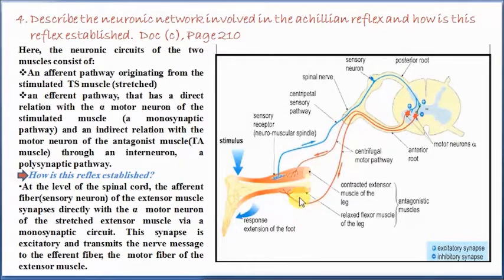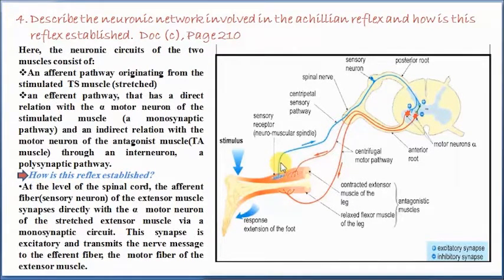given here. You would observe here that we have this muscle, which is the extensor muscle, that is the TS, and here we have the flexor muscle, which is the TA. Now, you're going to see that a part of this circuit was previously explained in the last session.